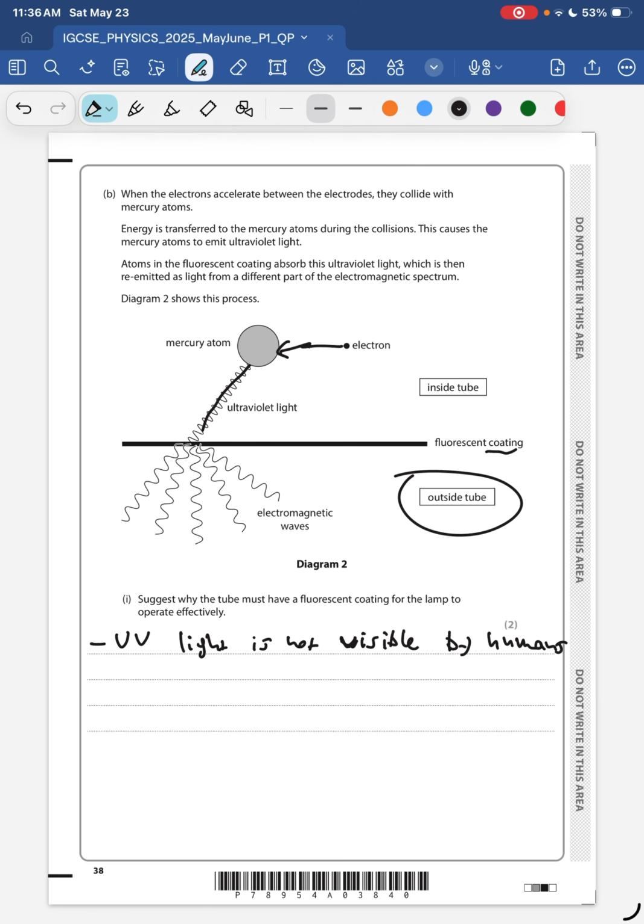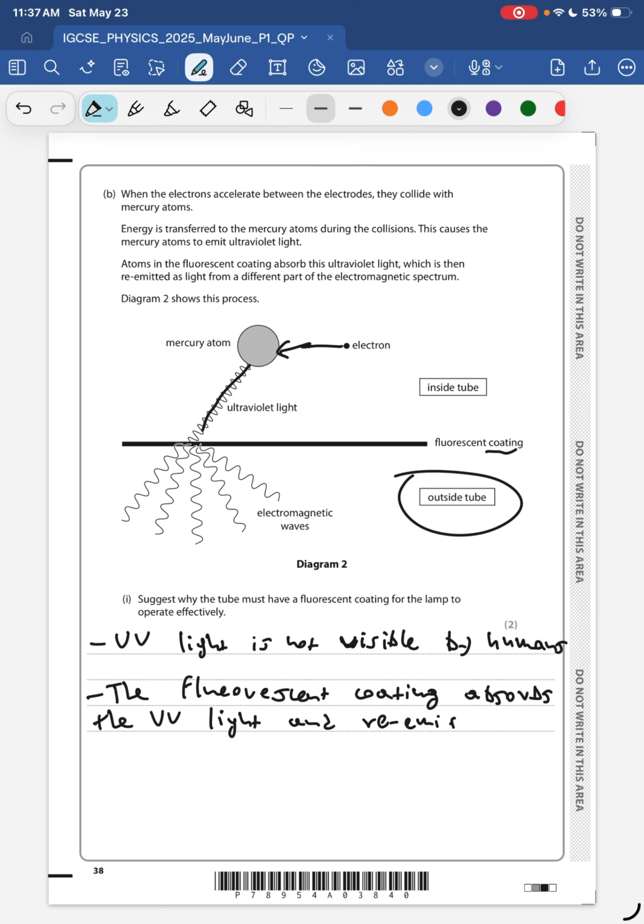So the fluorescent coating absorbs the UV light and re-emits visible light, which is what we see.